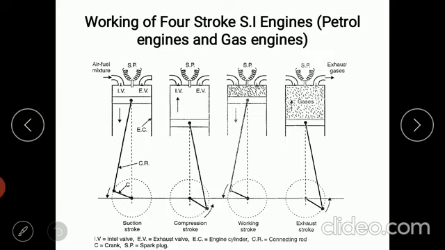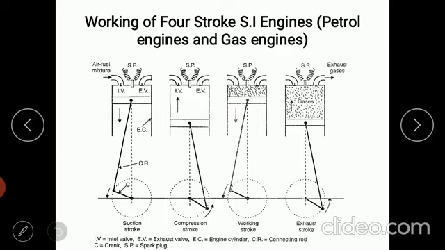When the piston is reaching bottom dead center, the cylinder is full of air and fuel mixture. Then after reaching bottom dead center, it reverses its direction of movement and starts to compress the air fuel mixture inside the cylinder. That is from bottom dead center to top dead center, the compression stroke.